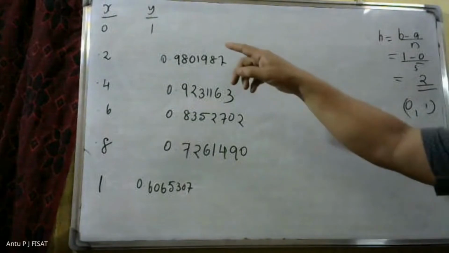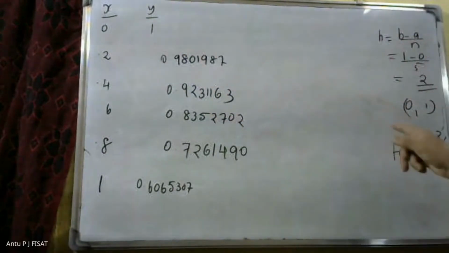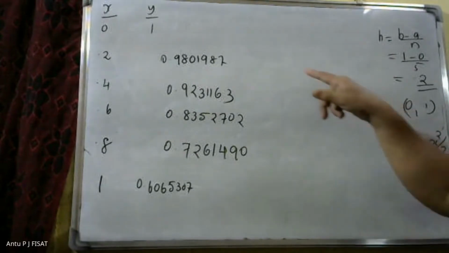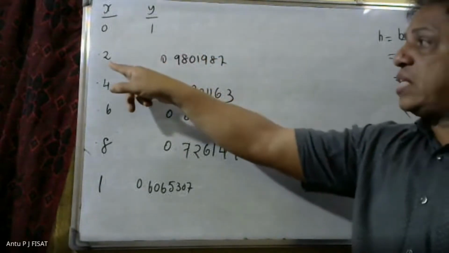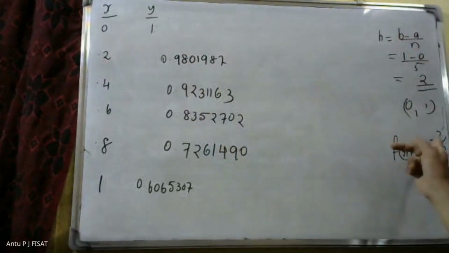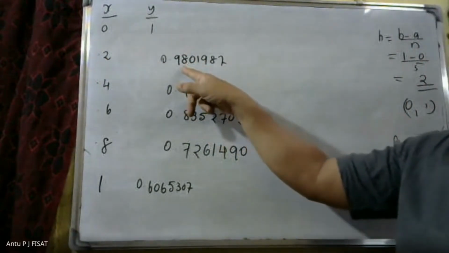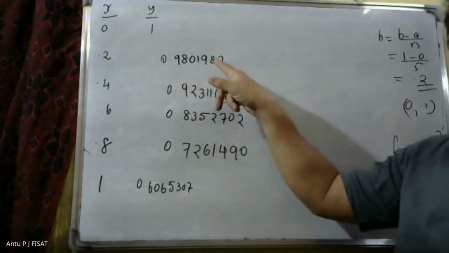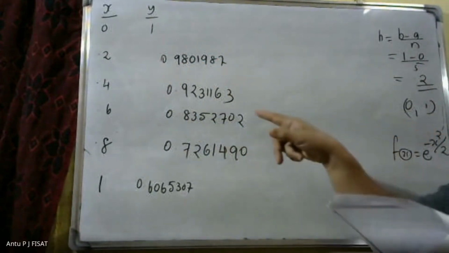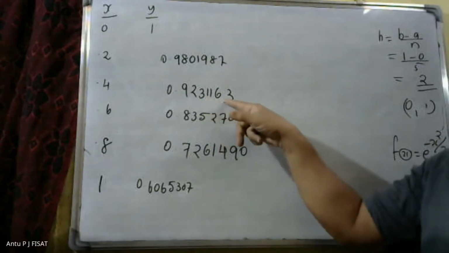Well, first we make the table. When we put x is equal to 0, f of 0 is equal to e raised to minus 0 by 2, which is equal to 1. When x is equal to 0.2, we get 0.9801987. When x is equal to 0.4, we get 0.9231163.